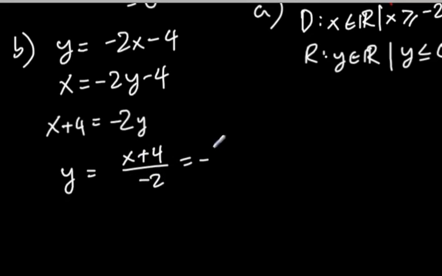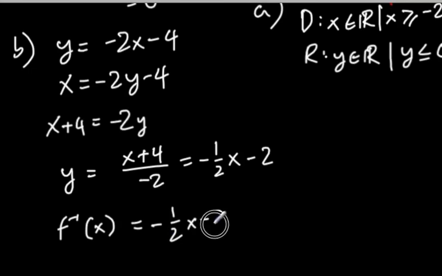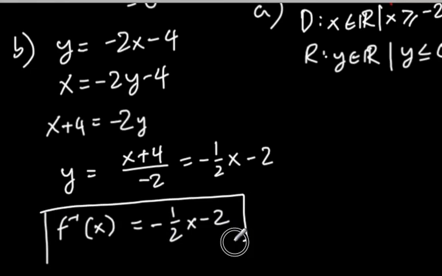If I want to simplify, this is just negative half x, because x divided by negative 2 is negative half x, and then positive 4 divided by negative 2 is minus 2. So f inverse, and remember, you have to finish up with writing f inverse. You can't just write y. It's negative half x minus 2. Okay, so that's part B.